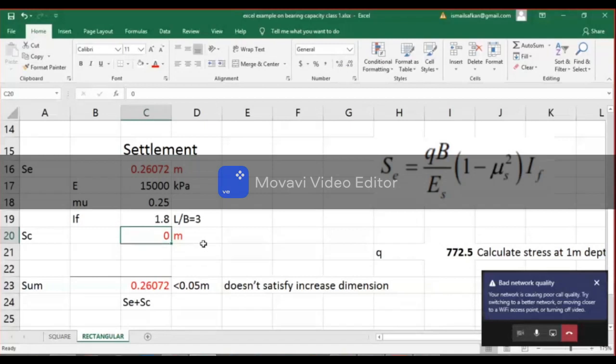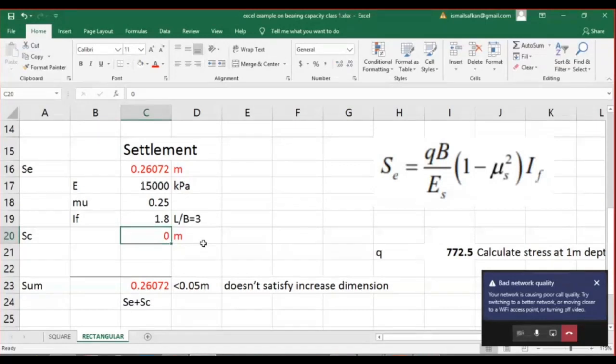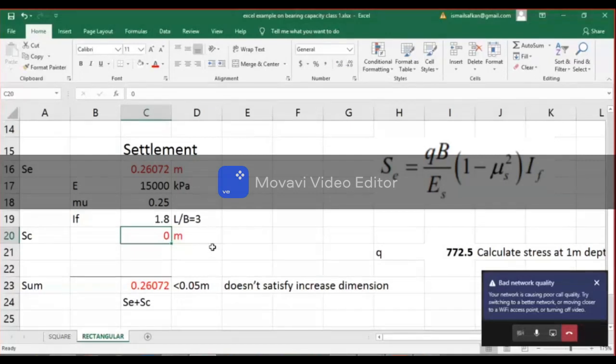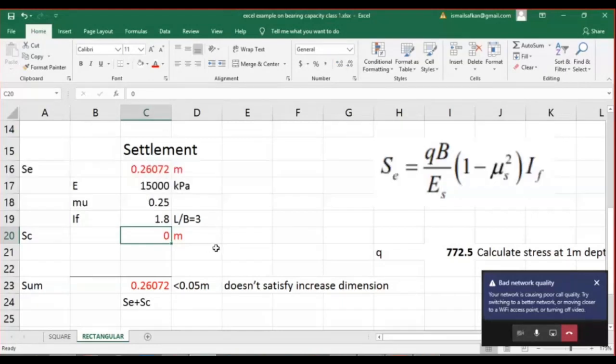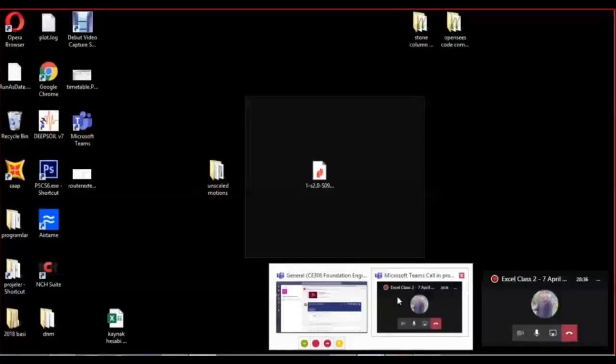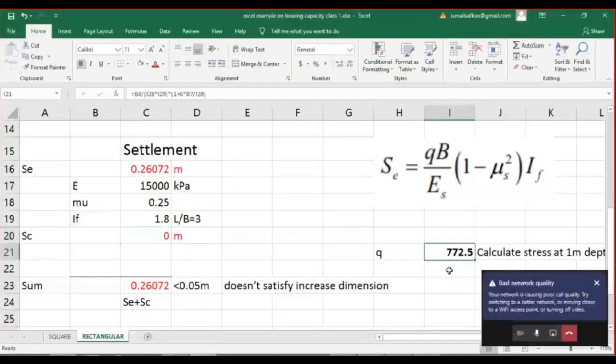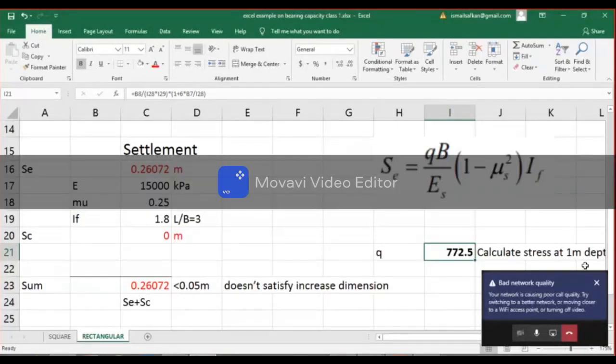Sir, can you tell me about stress Q 772.5? How to get this value? 772 is the applied stress at the middle of your foundation depth.